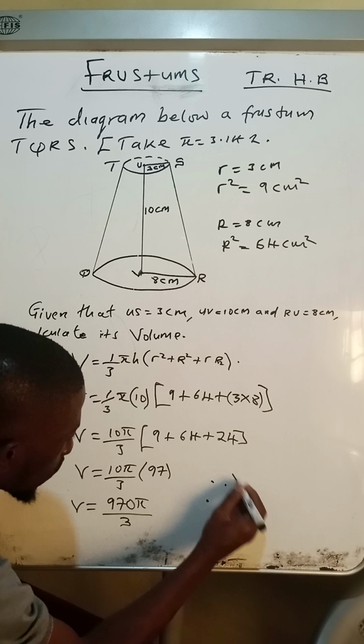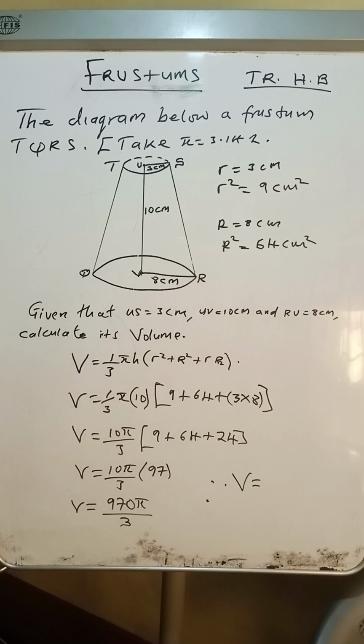And therefore we conclude the volume will be equal to, making use of the calculator, where there is pi, we substitute 3.142.